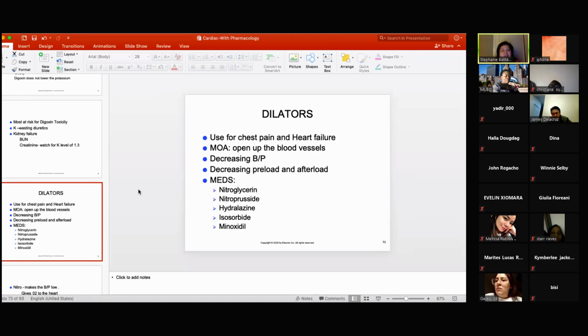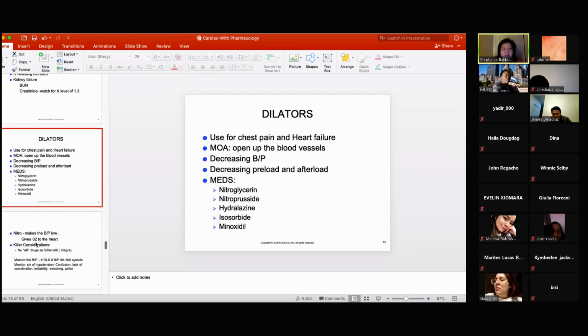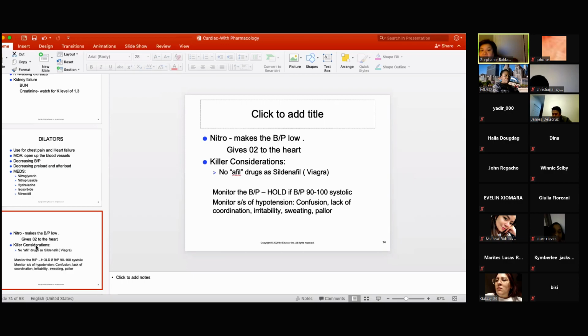This is used for chest pains and heart failure because when the blood vessels open, more oxygen can be given to the heart through the coronary circulation. So nitro makes the blood pressure low.